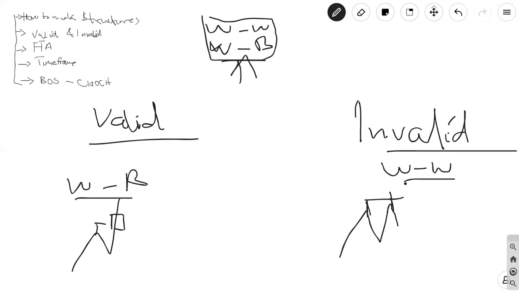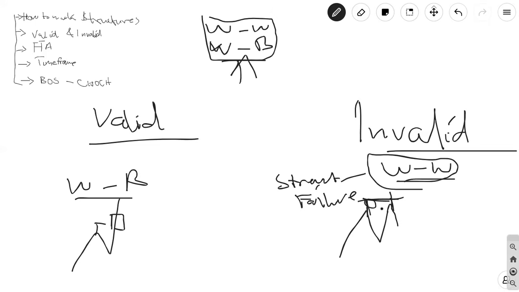When you see a wick to wick breakout, we say in the structure that it is a structural failure. Why? Because the market failed to validate this area by breaking with a body.